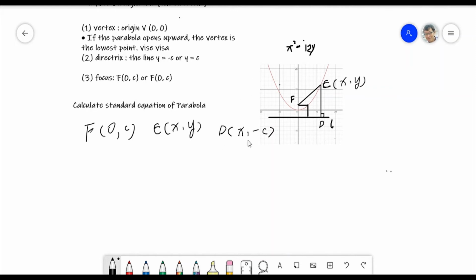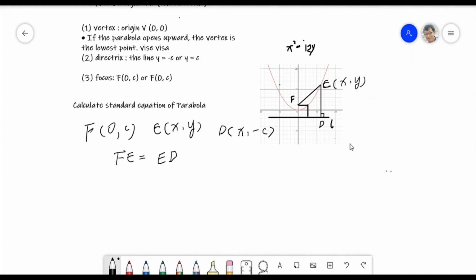D is (x, -c) because it's below the x-axis, so it's negative c. This is also based on our definition, right? So let's keep going to make the standard function. By the definition, FE should equal ED, right?